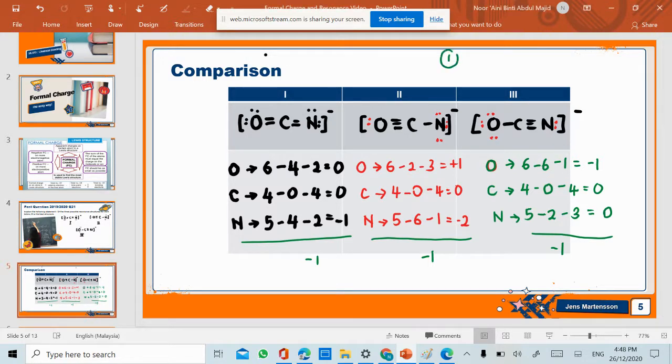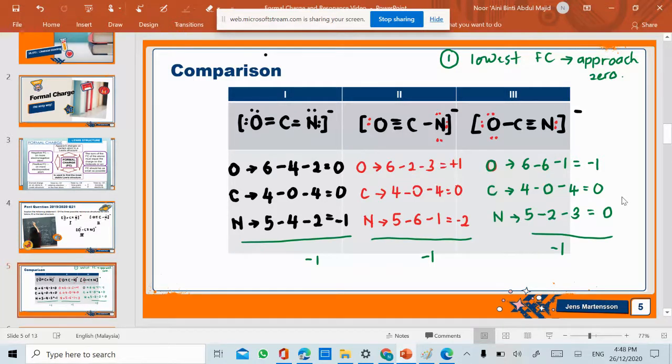It must have the lowest formal charges. And when we say lowest, it means approaching 0. All the formal charges are very close to 0. But we have 2 of that. So how do we decide?